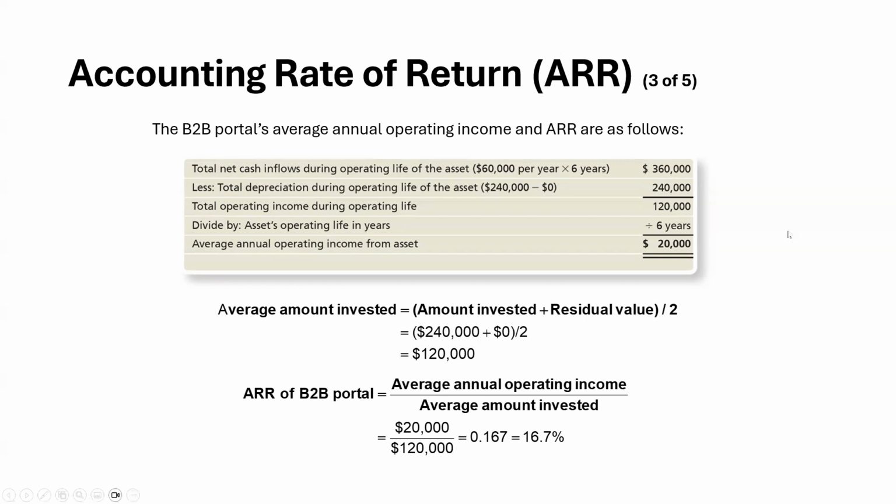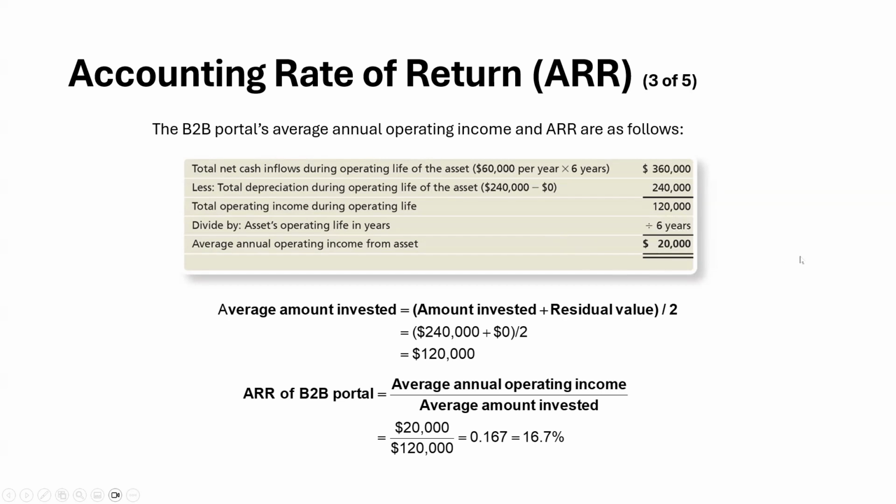That gives us $120,000, the total operating income during the asset's operating life. Next, we divide by the asset's operating life of 6 years, for an average operating income of $20,000.